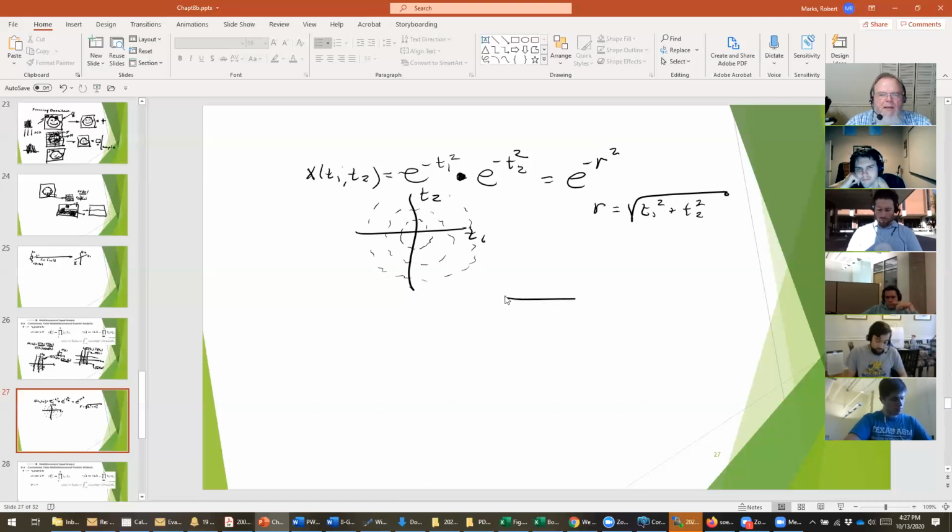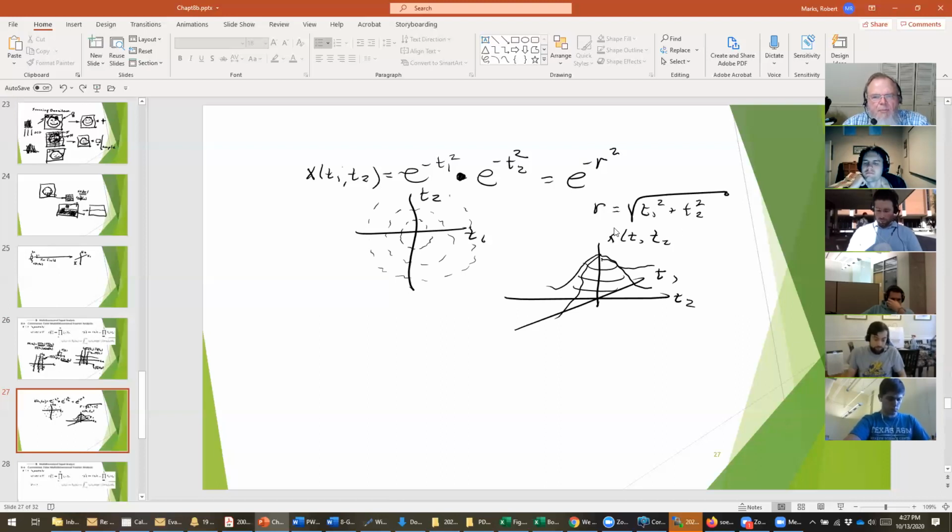I don't know if I can draw it from the side, but it would look like a gumdrop, right? So it would have these contour circles where this is t1, t2, and this would be x of t1, t2. So we can indeed have separable functions.